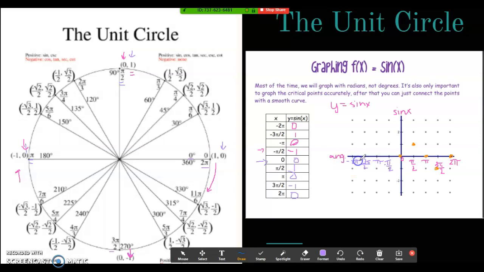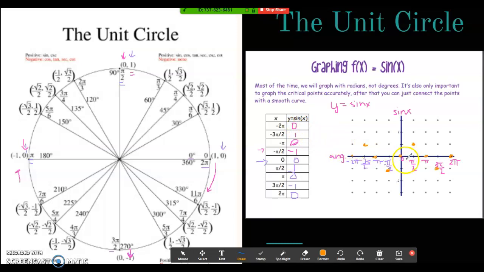And then we're just going to plot all of our sine values. At -pi over 2, we're at -1, which is right here. At -pi, we're at 0. At -3 pi over 2, we're at 1. And at -2 pi, we are at 0.